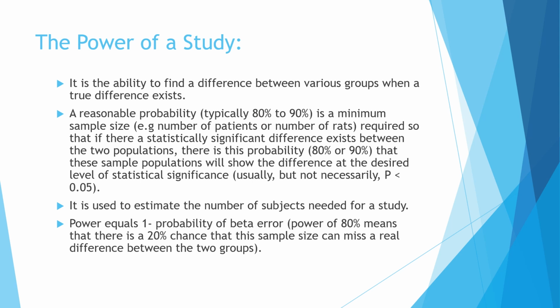So the power allows you to calculate the minimum number needed to achieve 80%, or of course 90%, chance that you will discover a true difference. So you can use that 80% or 90% to calculate the sample size that will give you an 80 or 90% chance of discovering the difference, or in other words, 10 or 20% probability of beta error.